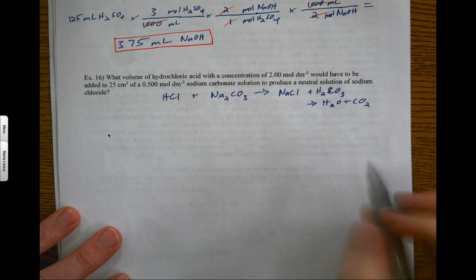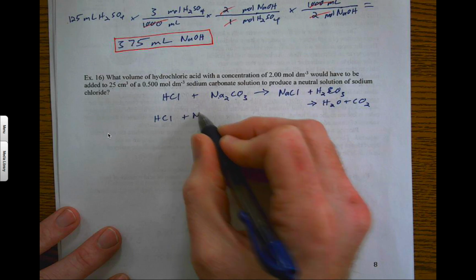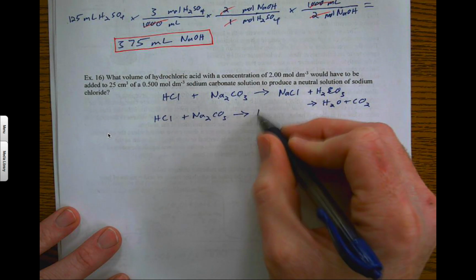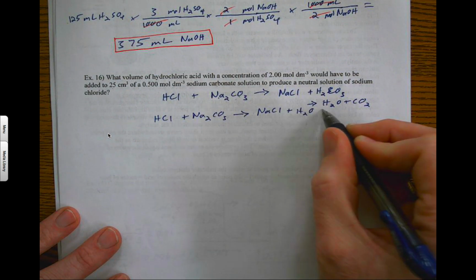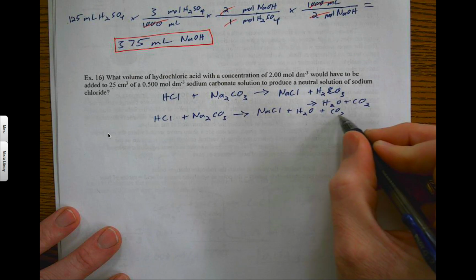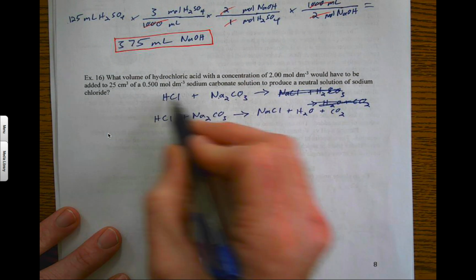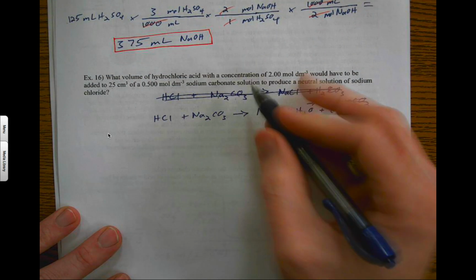So I will rewrite that. I know that's confusing. HCl plus Na2CO3 will make NaCl plus H2O plus CO2. Okay, I'll go ahead and cross all that out, just so you don't get distracted. Go ahead and balance it.